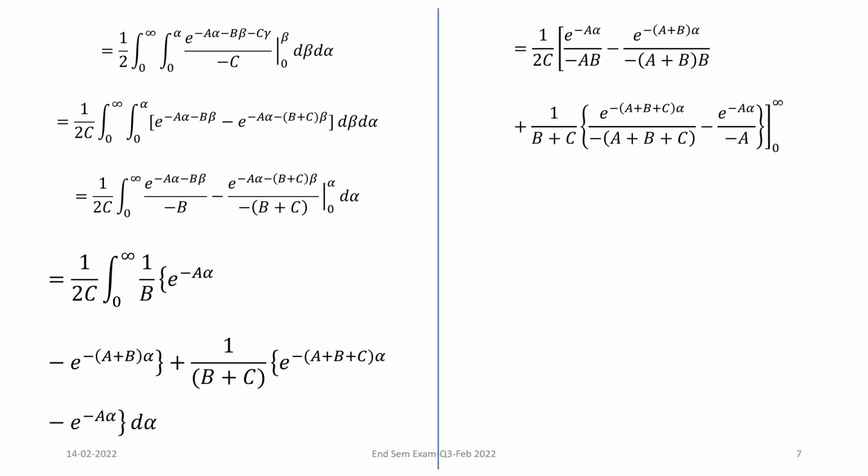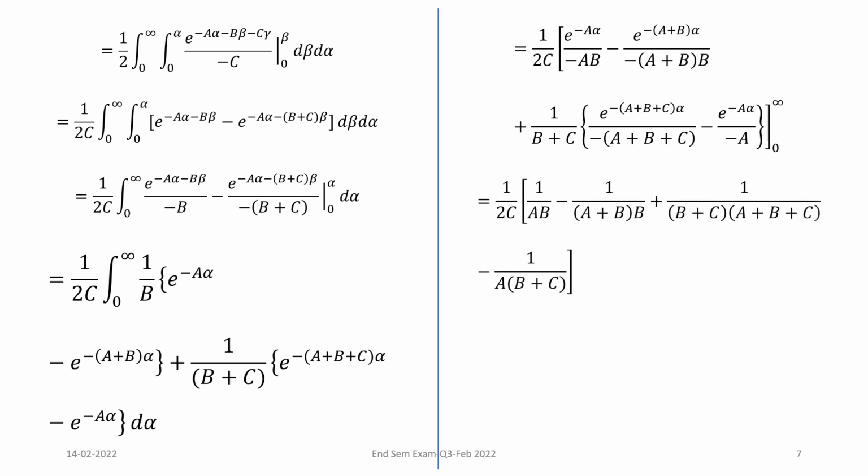So everywhere we have e to the power minus something, so an exponential with a minus sign is there. Once you put the limit, it will be 0. So only e to the power 0 will be considered. Where the minus sign is there, that will become positive. So finally, once we put the limit alpha equal to 0, we get this kind of result.